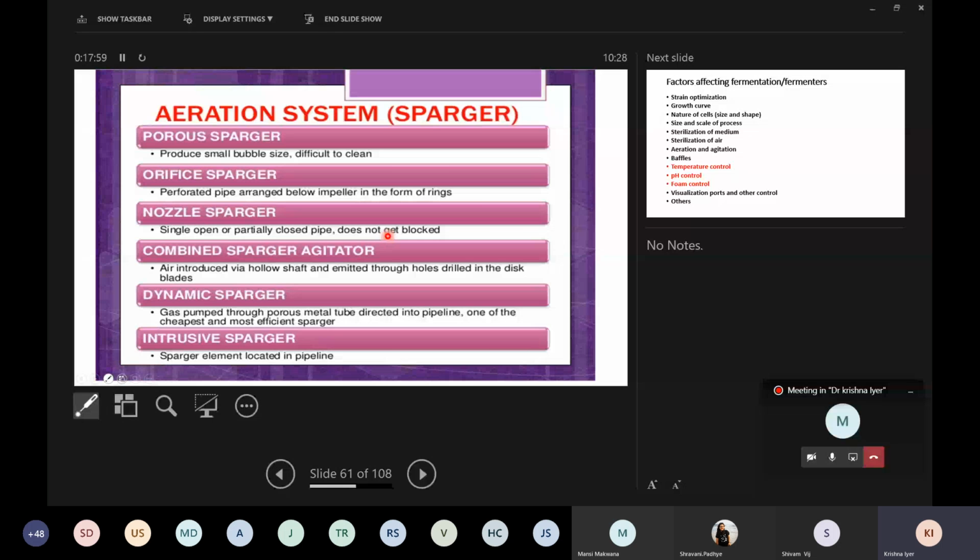On one hand you introduce air through the sparger, but then you mix the medium in such a fashion that the air bubble never takes the clean straight route to the surface, but goes back and forth through the liquid and then reaches the surface. I do not want the air bubble to simply go straight up to the surface.